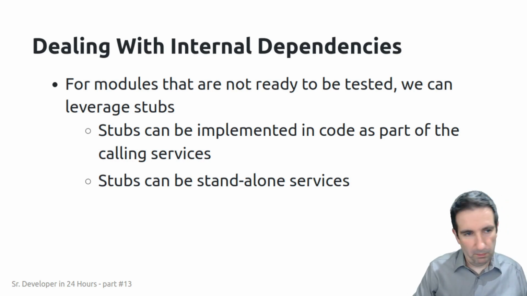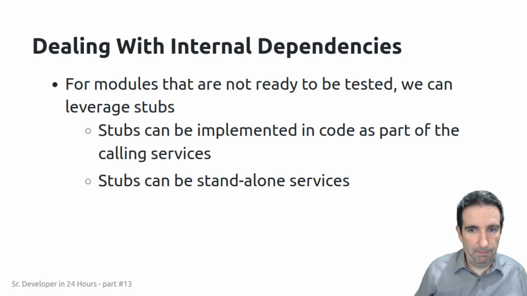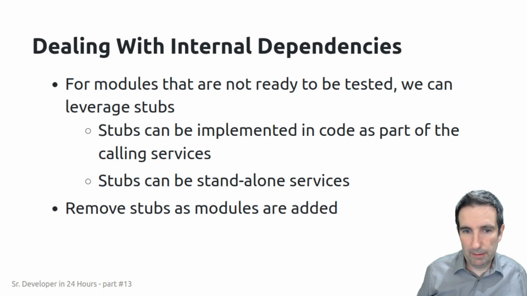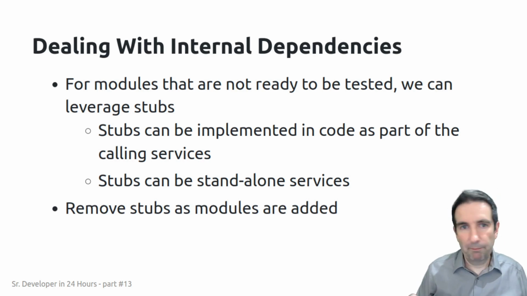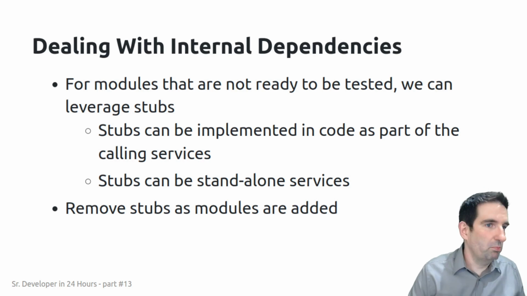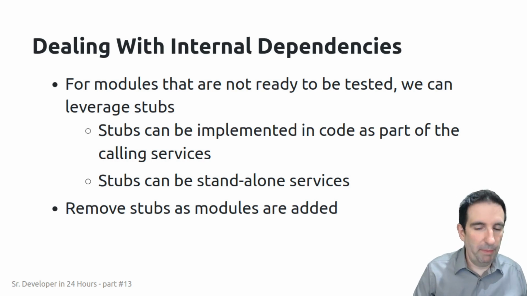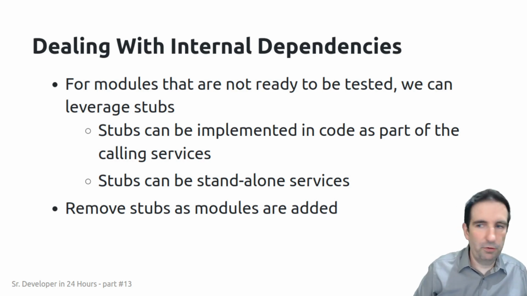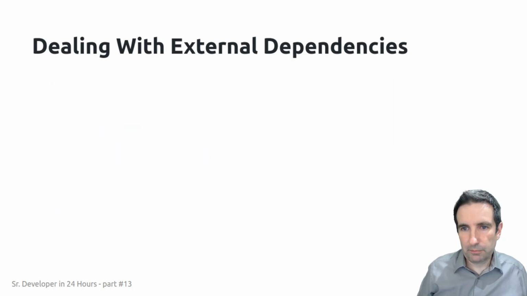And we're going to take a look at those two types of stubs real soon. And obviously, as we work through the process, we want to remove the stubs because we're getting these internal dependencies loaded into our stack. So we're moving closer and closer to our end state.